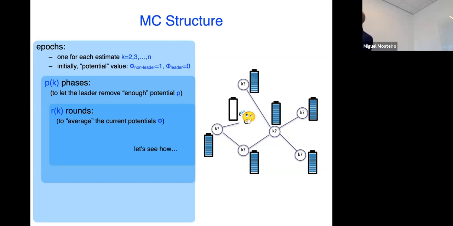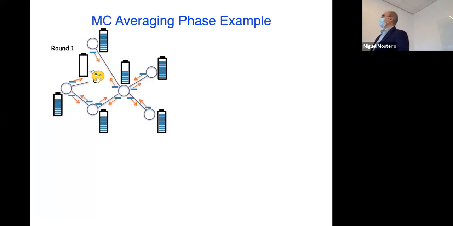We just run an estimate of the size, and we verify whether that estimate is correct or not with this procedure. So let me explain now how one phase goes. We start with some potential. All nodes share a fraction of it. The leader doesn't have any to share, so it only receives some fraction.